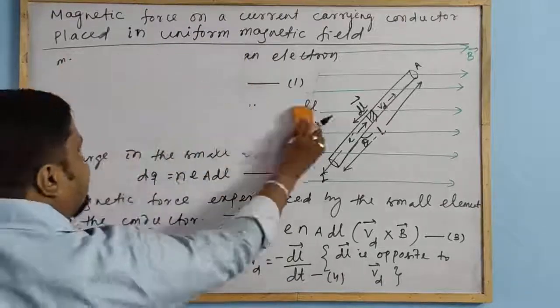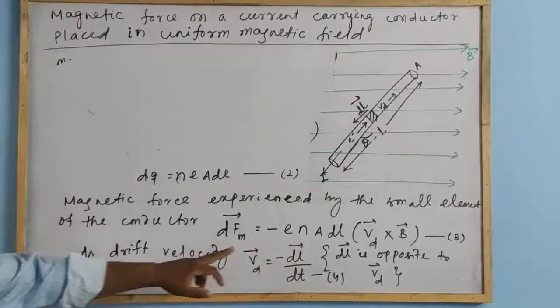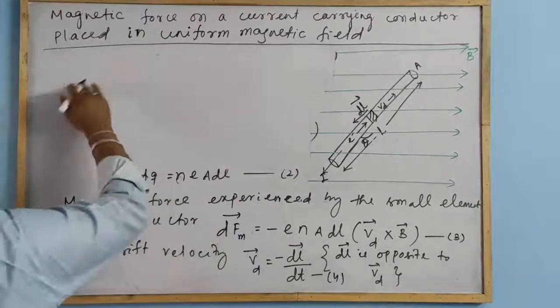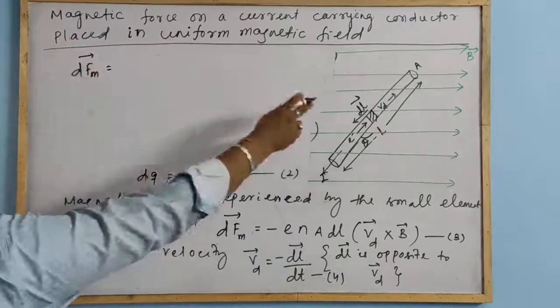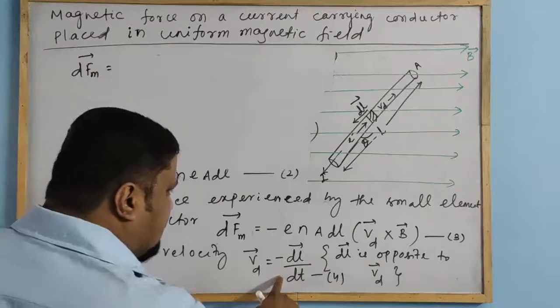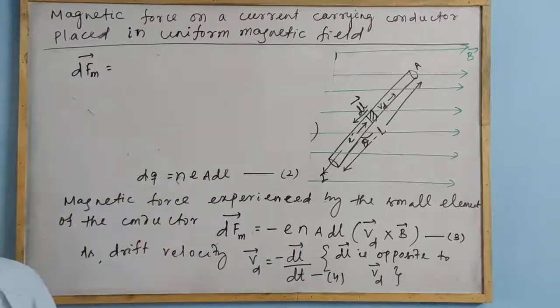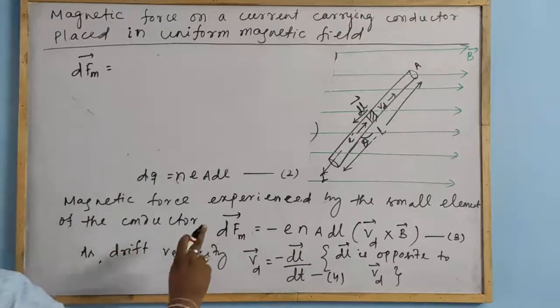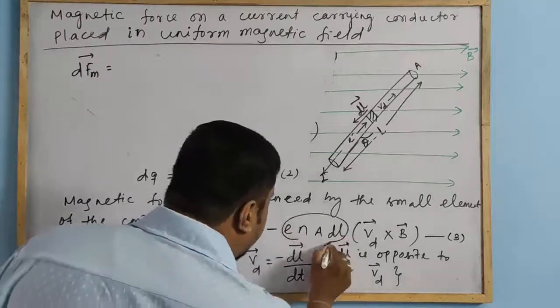Take equation number 3. dFm, the force on the small element, dFm is equal to, we can write here, N a e dl.